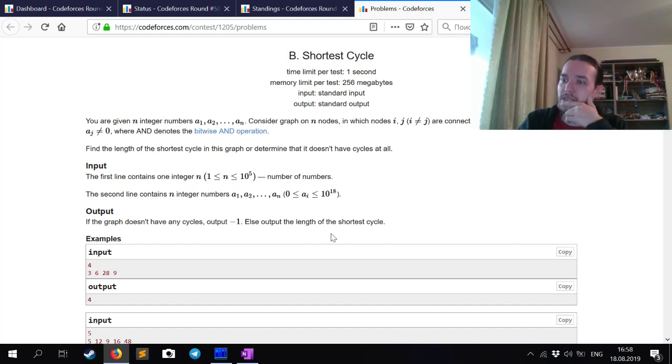So what that means is, what does it mean? It's not going to be a lot of edges, basically. There are at most 60 edges in the graph.